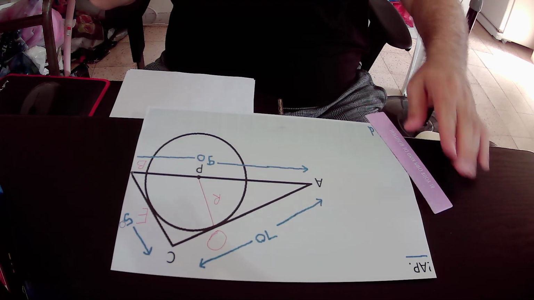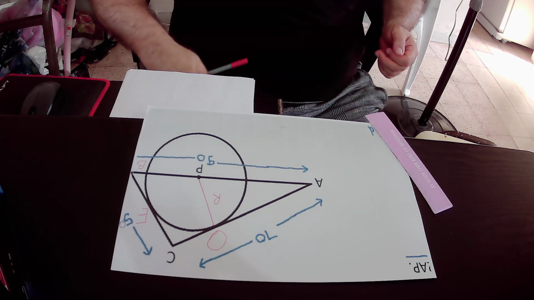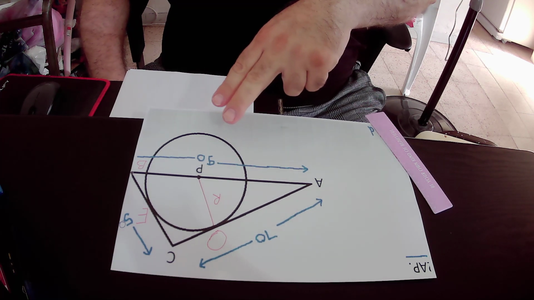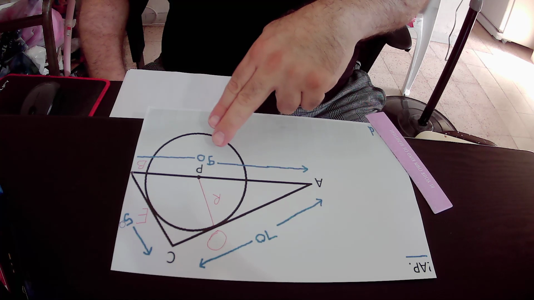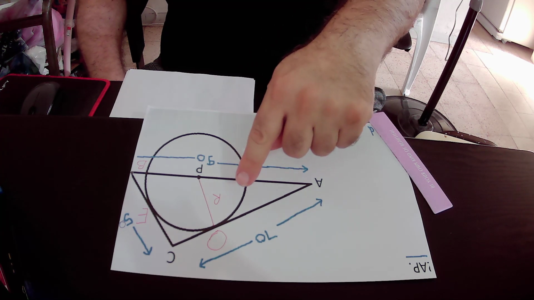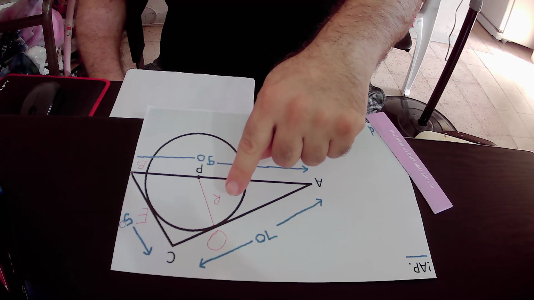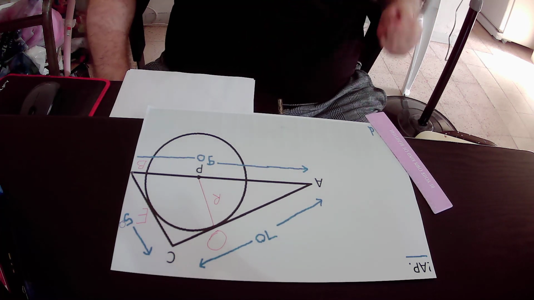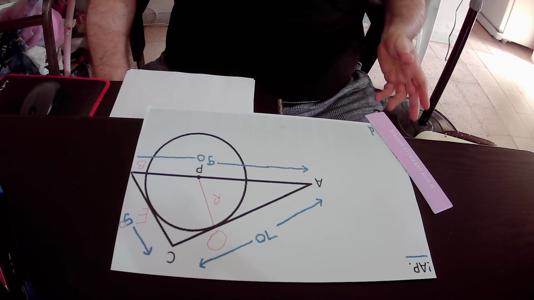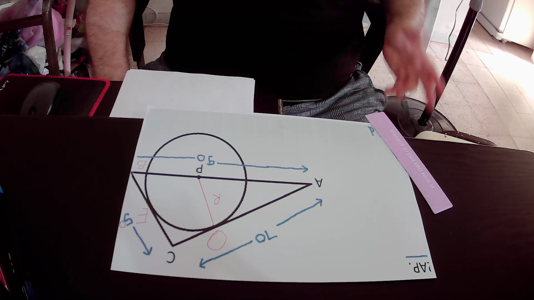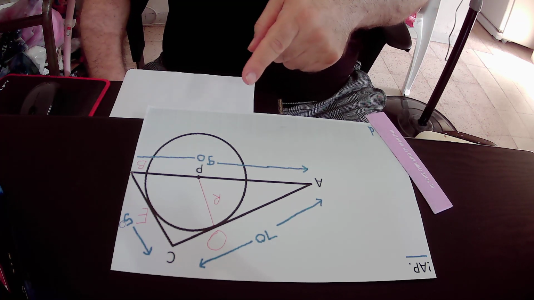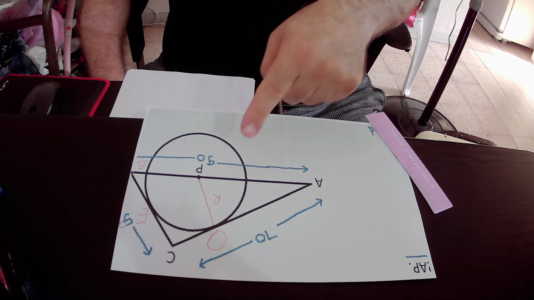The reason that OP is the radius of the circle is that the straight line OP starts from the center of the circle, that is to say from point P, and ends at point O, that is a point on the circle. And this is exactly the definition of a radius. A radius in any circle starts from the center of the circle and ends at any point on the circle.